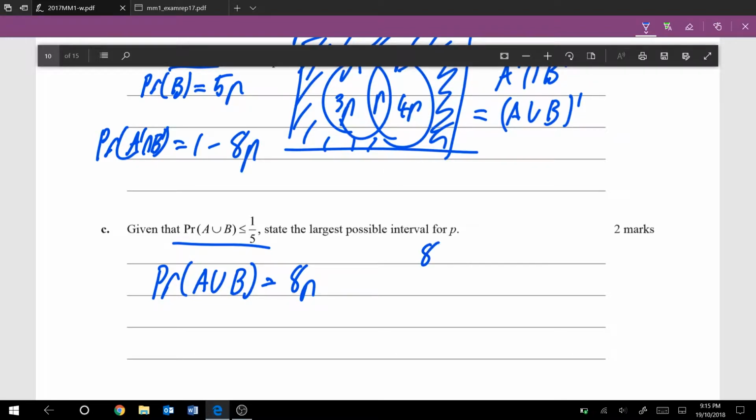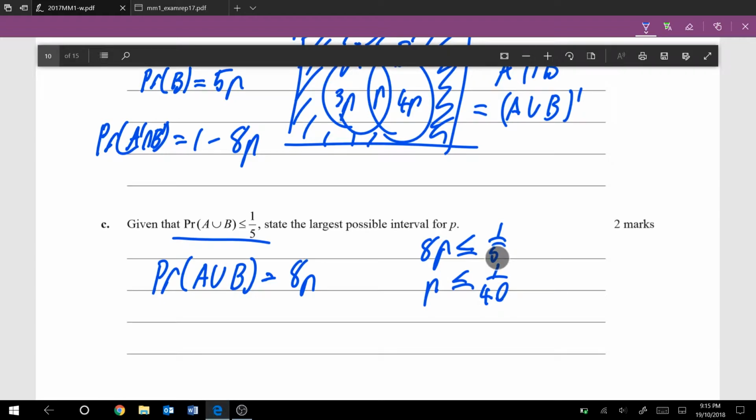So using that, 8p is less than or equal to a fifth. So if we divide by 8, p has to be less than or equal to 1/40th, right? The 8 times the 5 is 40, 1/40th.